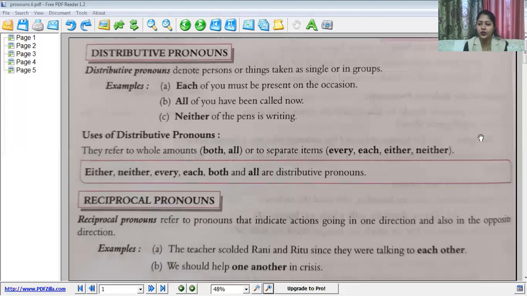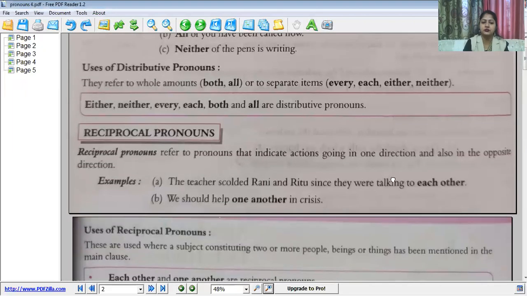One direction and the opposite. They always appear together. The teacher scolded Rani and Ritu since they were talking to each other. Both of them. We should help one another in crisis, in difficult situations, one another.